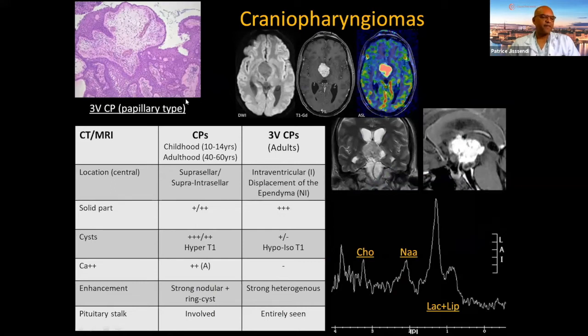They are classified by the World Health Organization as grade 1 tumors, and they are divided into adamantinomatous craniopharyngiomas, which account for 90% of all craniopharyngiomas, and papillary craniopharyngiomas for the rest.